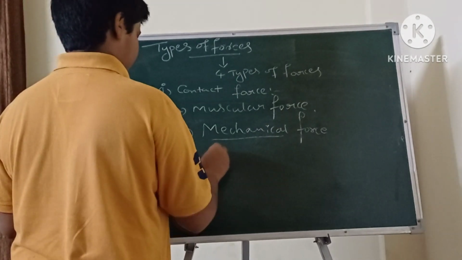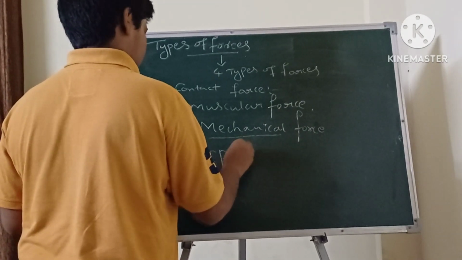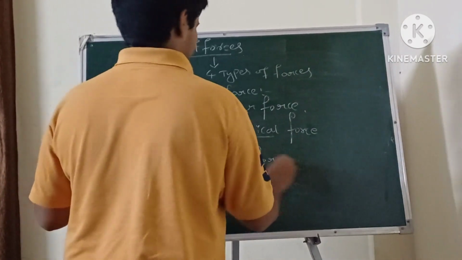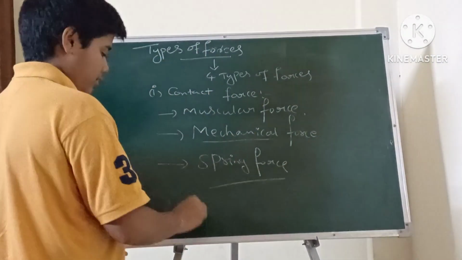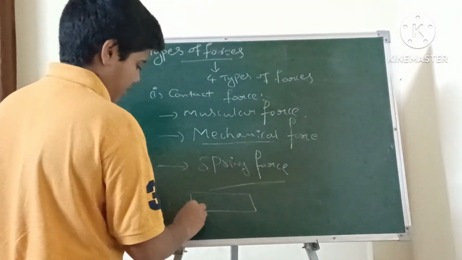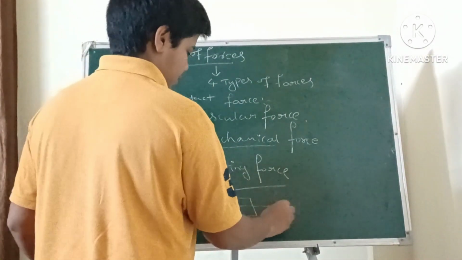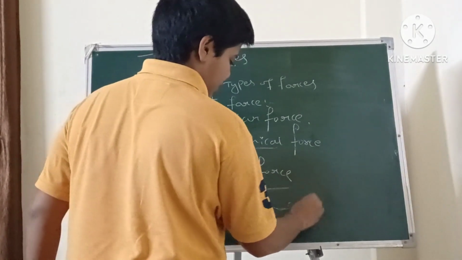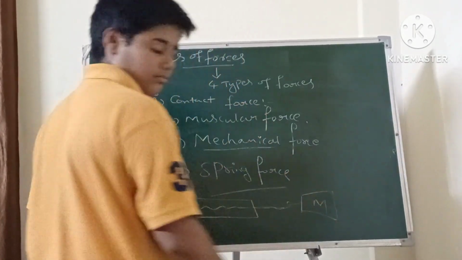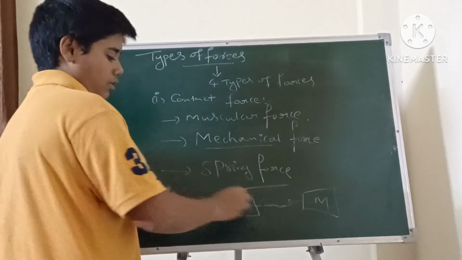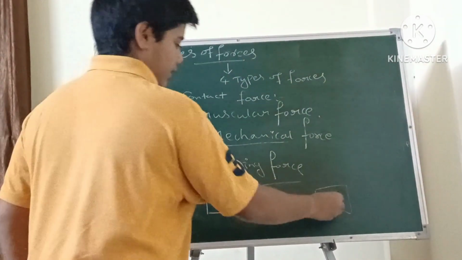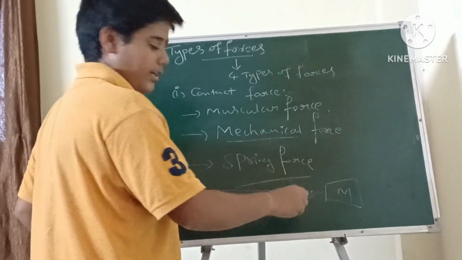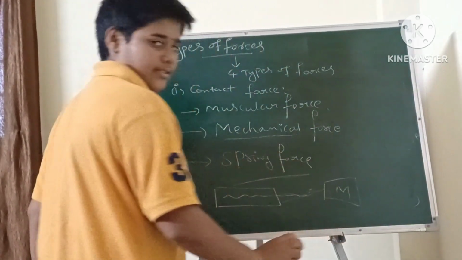Third type, spring force. Spring force means I am taking this is a spring and it is connected to one of the body. When spring is compressed, it displaces some distance. When spring is elongated, it displaces some other distance.